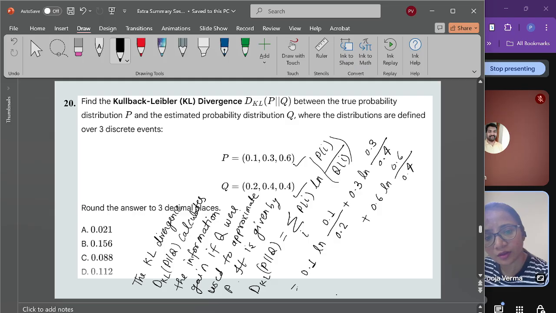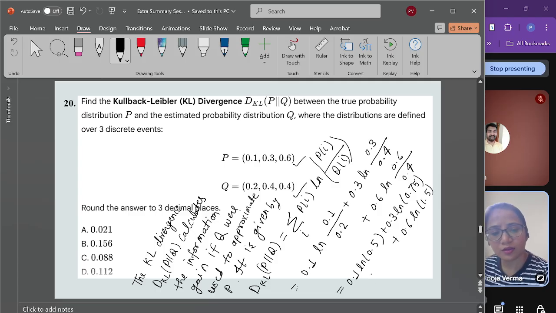Okay, now we need to calculate. Here if you just divide it, you will get 0.5. Here you will get 0.3 ln 0.75 plus 0.6 ln 1.5.